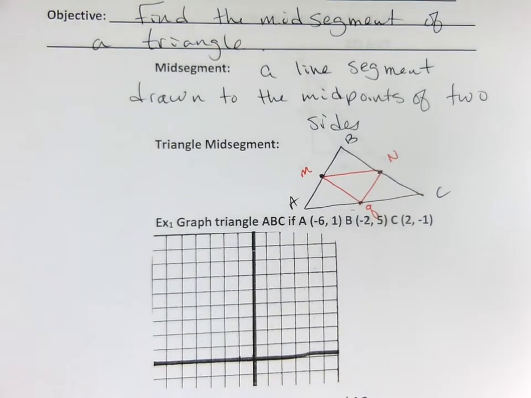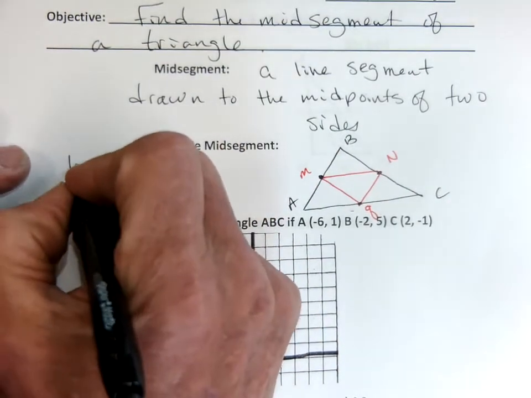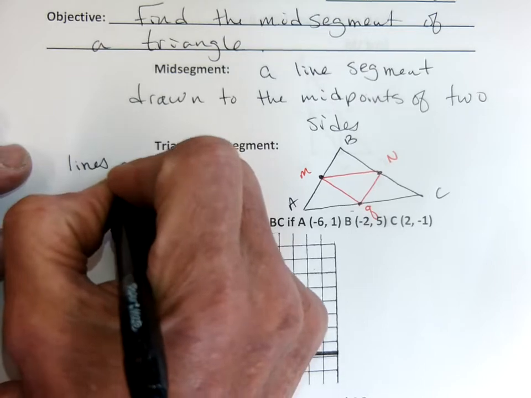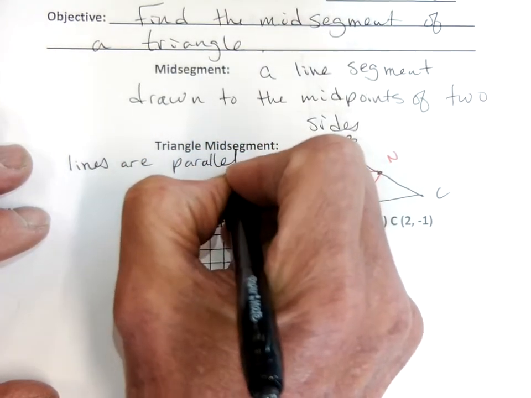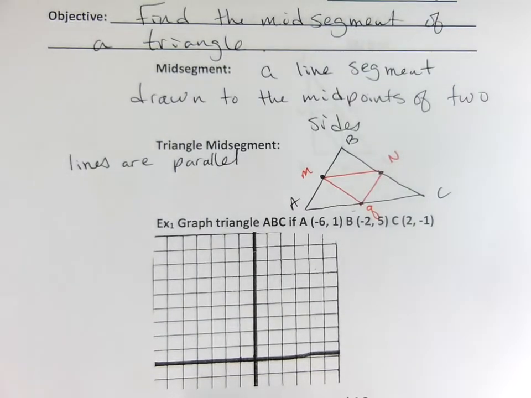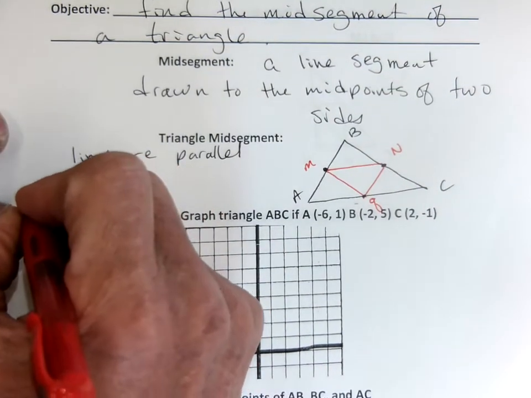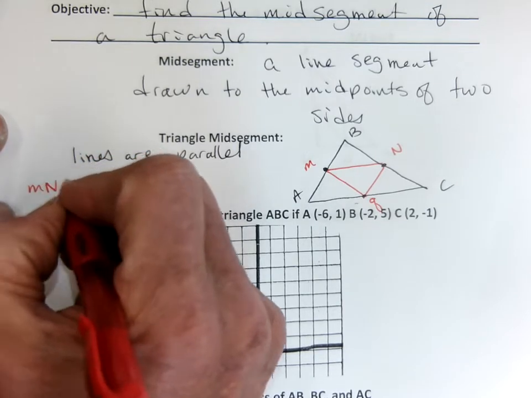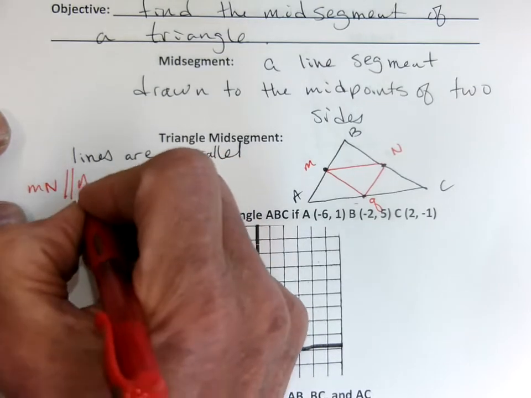we know two things. We know that the lines are parallel. So I can say MN is parallel, that's the symbol, MN is parallel to AC.